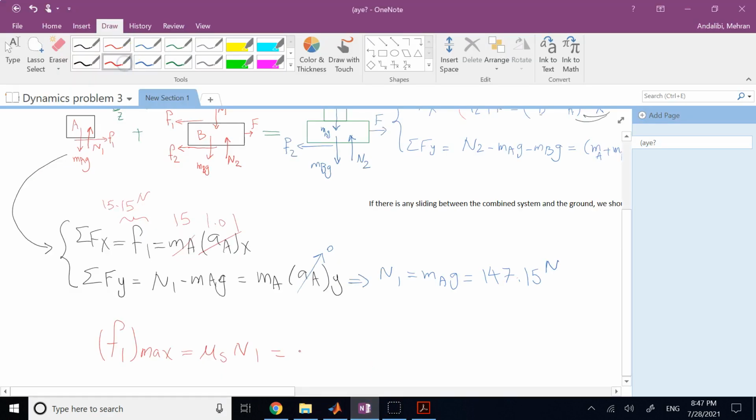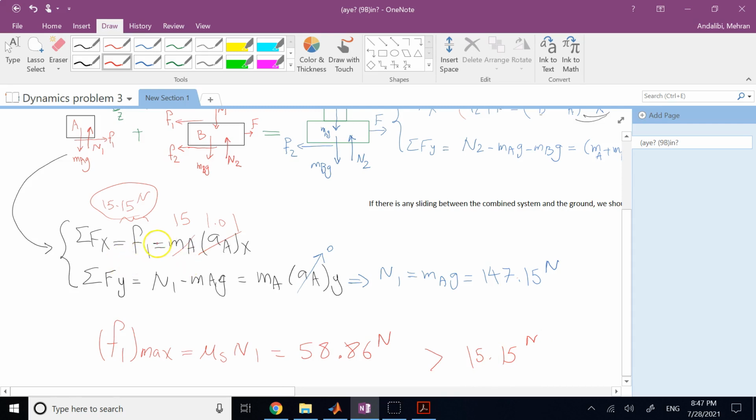So the surface between A and B can generate friction up to about 59 newtons. But all you need is only 15 newtons, which is way smaller than the capacity. So your surface is well capable of creating that friction. And that means the answer is yes.